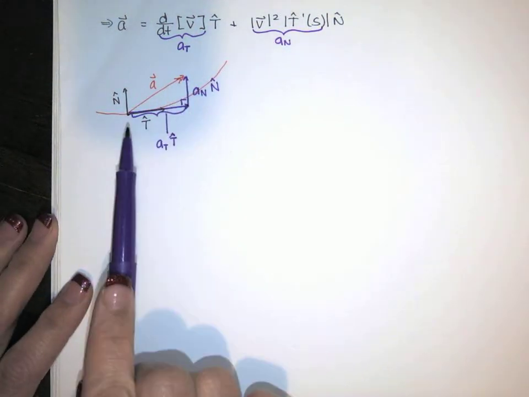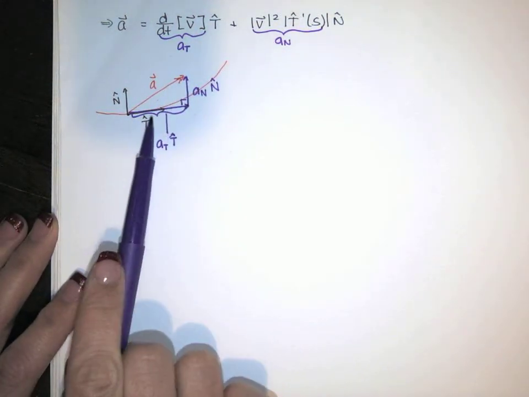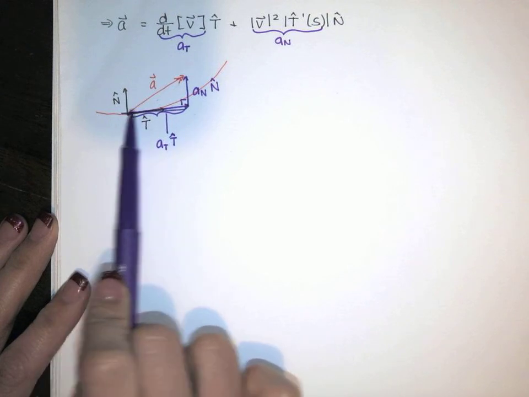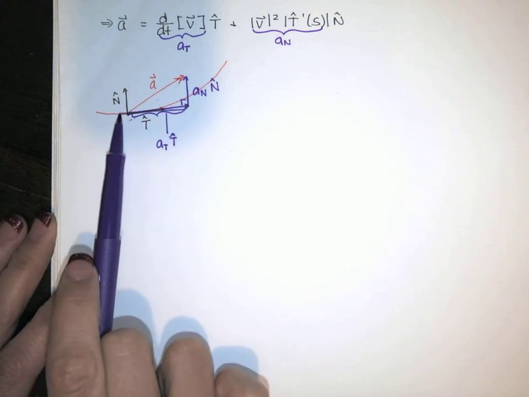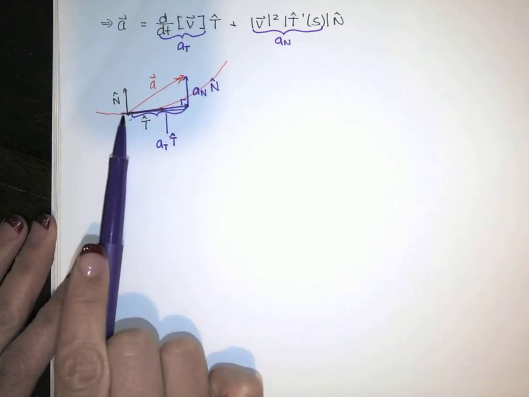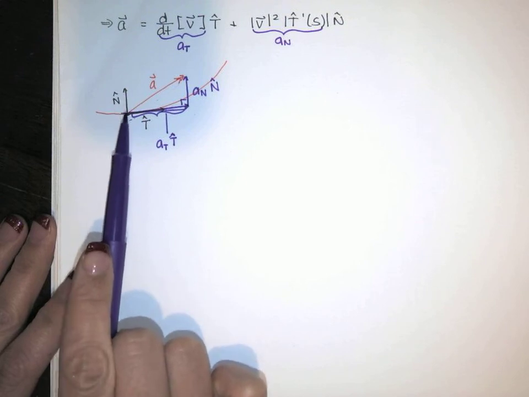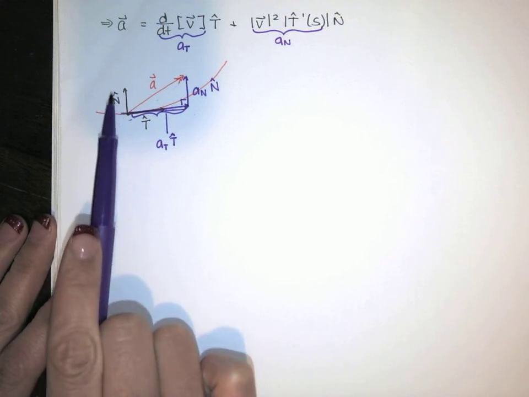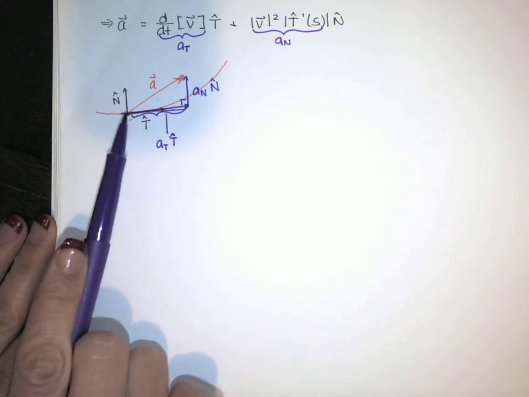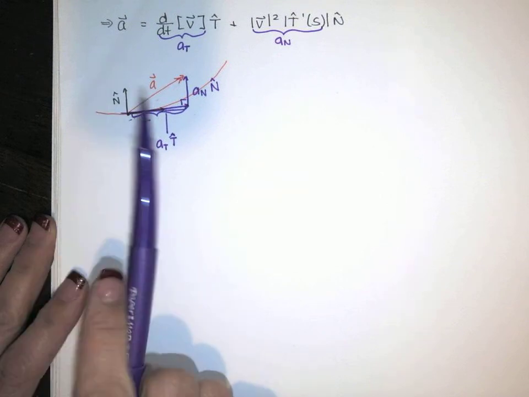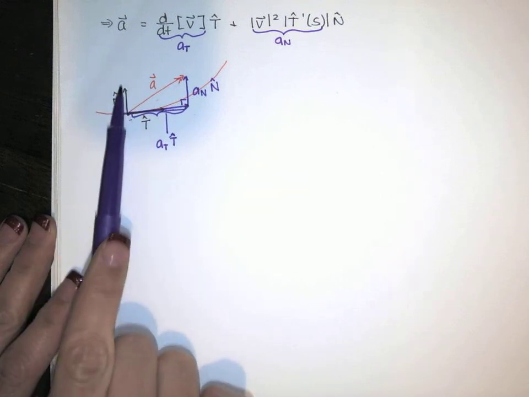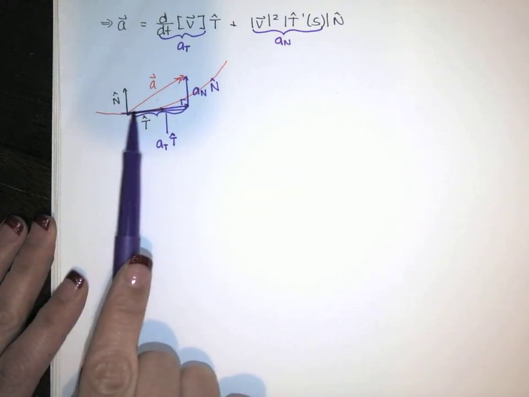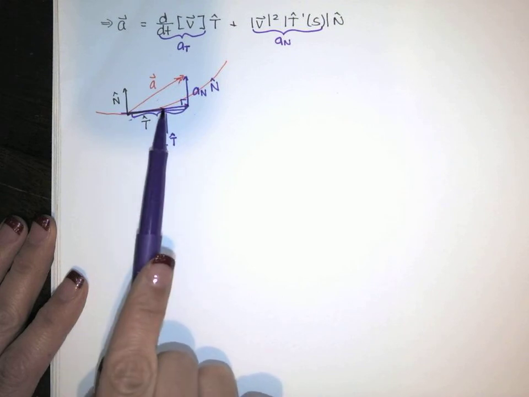So this is telling us that a lies in this plane. T hat is pointing in the direction we're going, and we've already talked about the fact that n hat is pointing in the direction we're turning, because it's really just a normalized version of t hat prime, and t hat prime always has to point in the direction that t hat is changing in. So t hat's changing a little bit this way, and this is the original t hat.